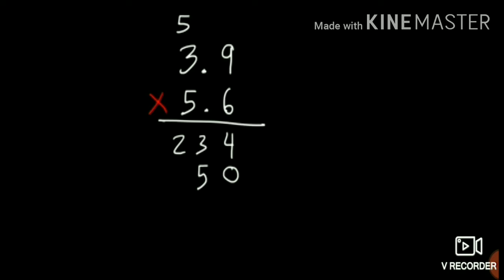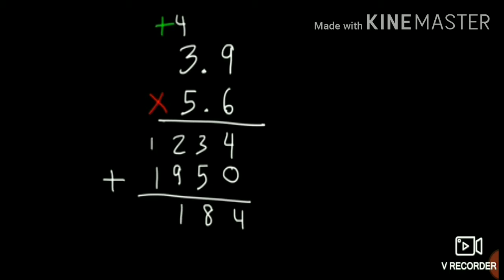Next, multiply 3.9 with the 5 by the same process. After that, find the sum. The answer is 2184.